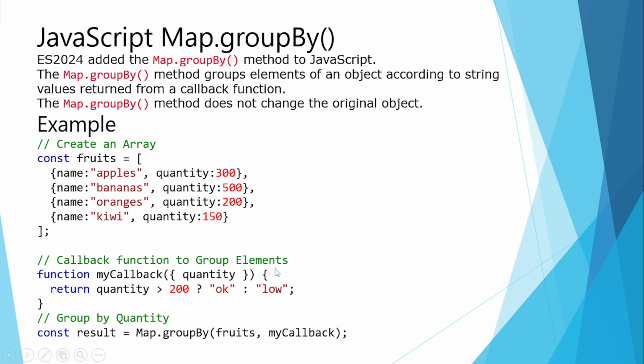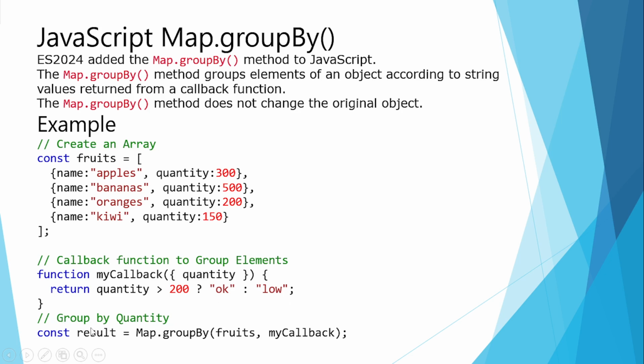We call it myCallback, and in that we pass quantity. If quantity is greater than 200, it will return ok, otherwise it will return low.